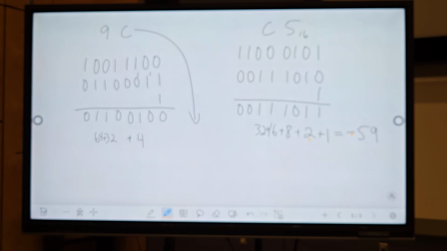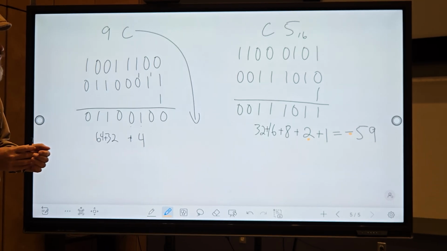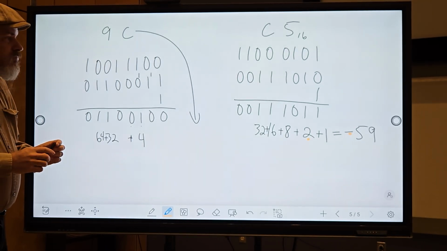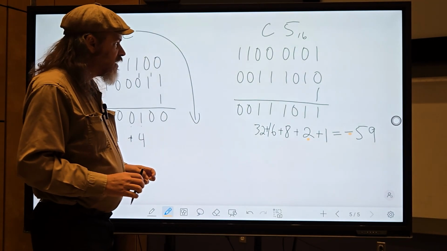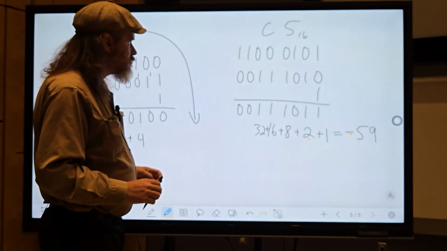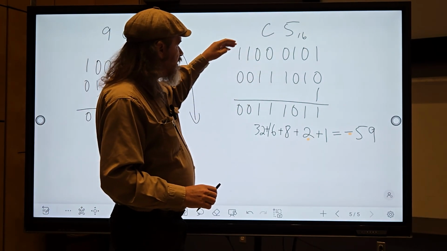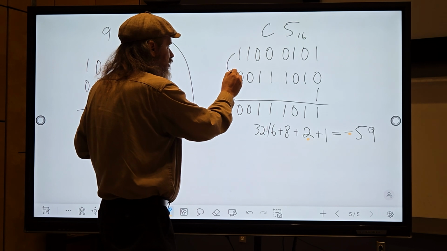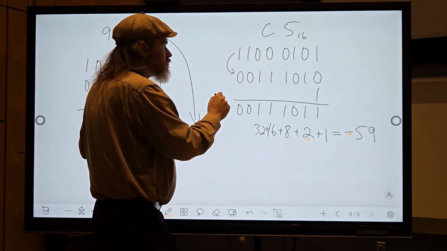I'm just figuring out why, when you go right to left, you got 1, 1, 0, 0. That's 1, 0, 1. Like what's happening there? Where do you mean? From here to here? I was going from right to left.